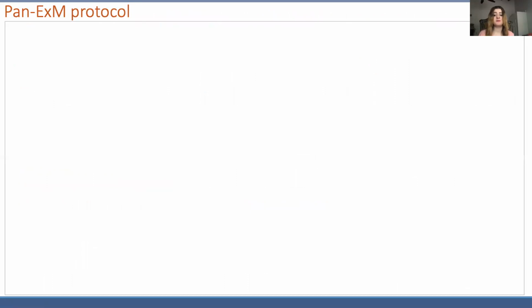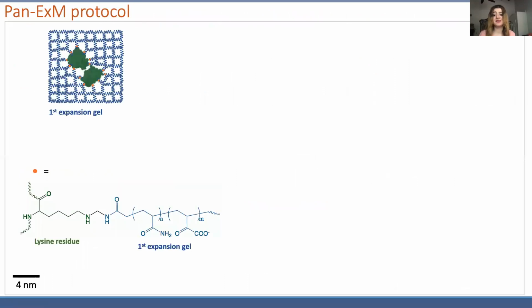The first round of expansion in Pan-ExM resembles that used in magnified analysis of proteome and ultrastructure expansion microscopy, which are variants of expansion microscopy that use sample denaturation instead of proteolysis to mechanically homogenize the sample. The only difference is that we covalently cross-link proteins to a polymer network here in blue that is synthesized with a cleavable cross-linker as opposed to a non-cleavable cross-linker.